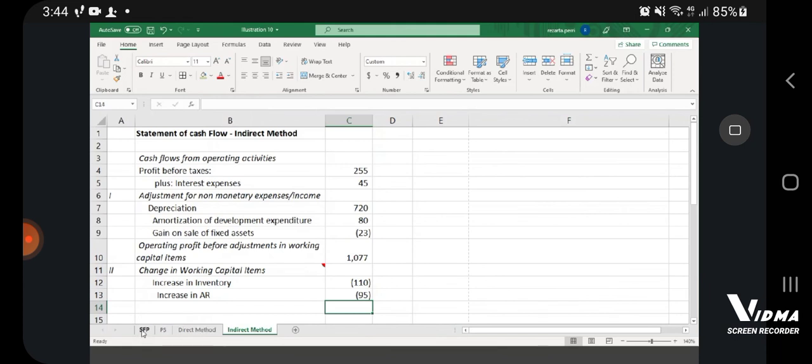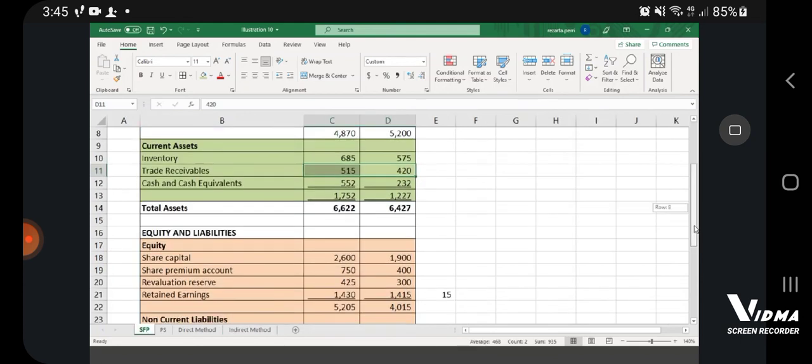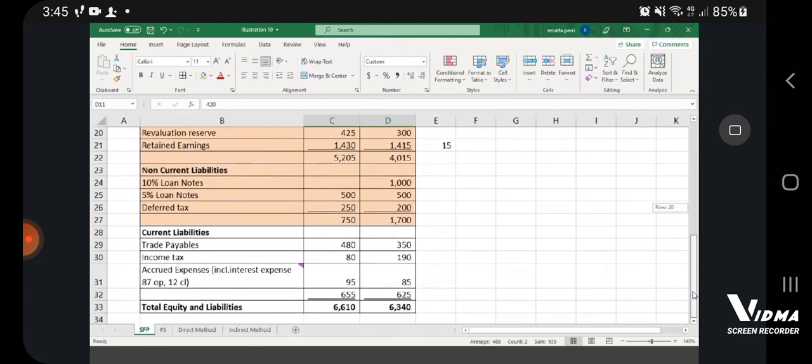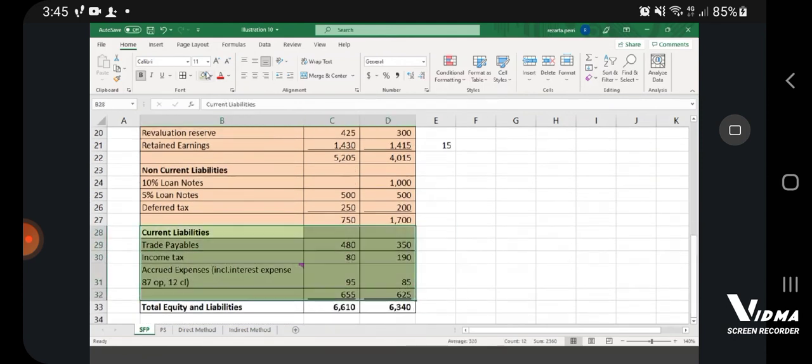That means an increase will have a negative impact for the cash of the company. Okay, so again, we are focusing on the statement of financial position under the current assets and current liabilities and check if those items relate to the operating activities. Inventory and account receivable, yes, they have their impact in the operating activity. What about the current liabilities right here? Okay, this section, light green color again, because it has an impact probably on the operating activity.